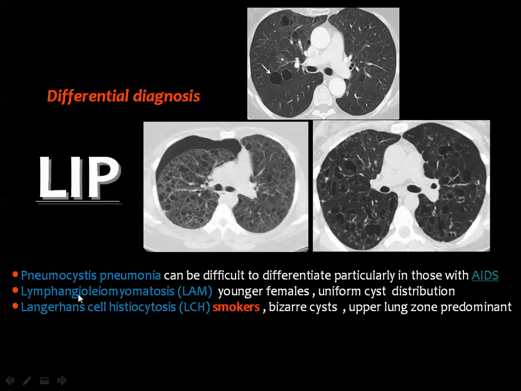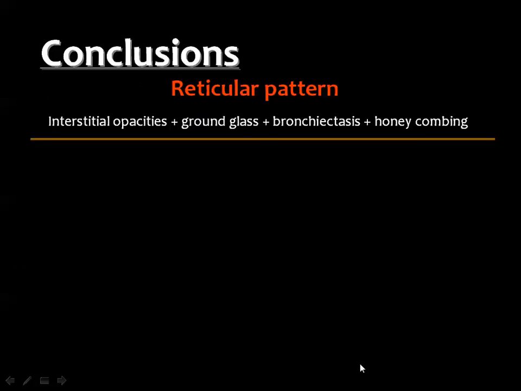Then, considering lymphangioleiomyomatosis, the patients are younger females. The cysts are of uniform distribution and they affect the costophrenic angles. Histiocytosis, patients are smokers. They are young, a child and young adult. The cysts are bizarre. They affect the upper and the middle lung zones and they spare the lung bases.